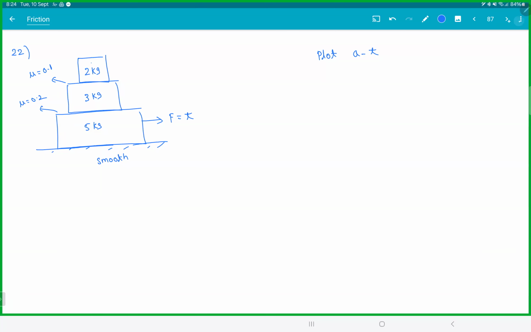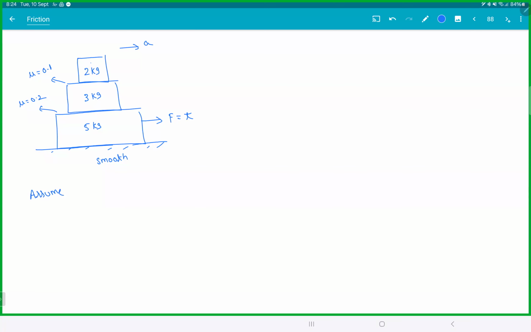So first thing, the same story. Assume all are going together. So let this go with acceleration A. Listen carefully.